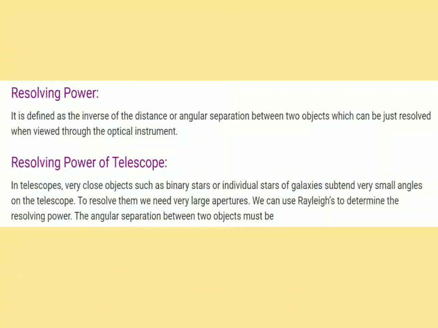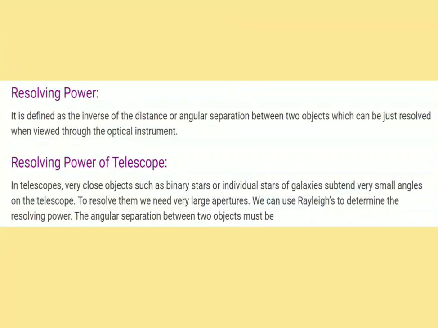Next we discuss another type of optical instruments like telescope and microscope. Here we discuss the resolving power of telescope in a simple manner. In the next class we will briefly discuss how to find the formula for resolving power of telescope and also of microscope.